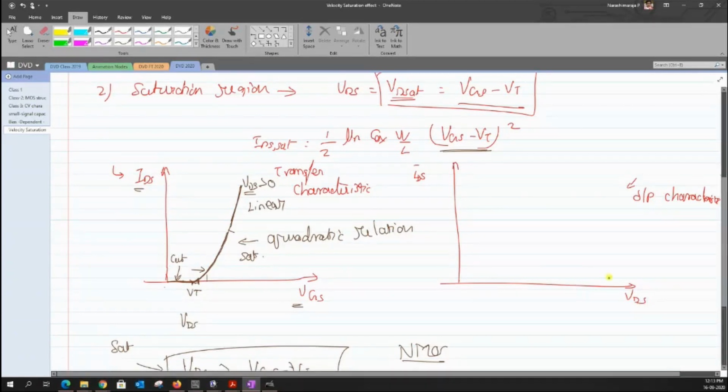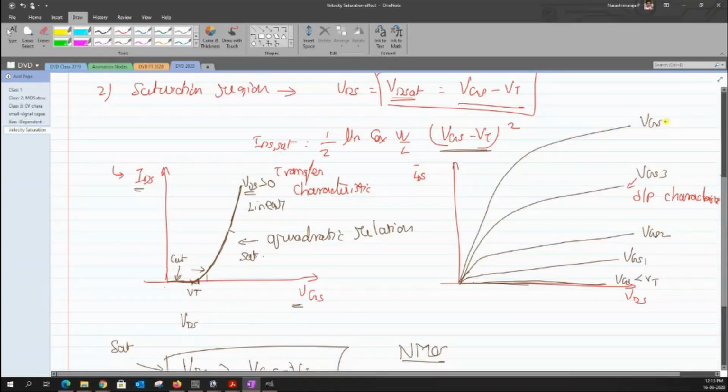And now we'll just get into the other graph where I want to plot ID versus VDS. Now again, we know that there is no current when the value of VGS is less than VT, but I would certainly have an amount of current for the value of VGS that is greater than VT. So I'll just mark it as VGS1, and the next, VGS2, will have a higher value. Each of these VGS are being incremented at an equal step.